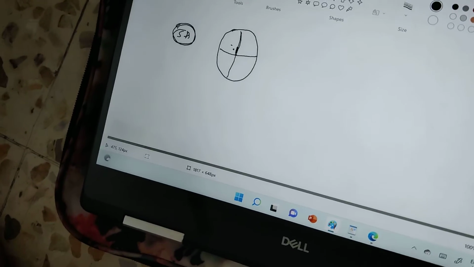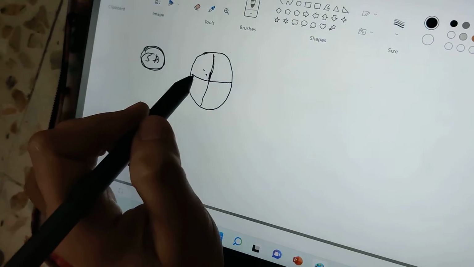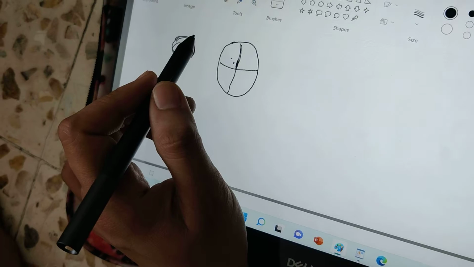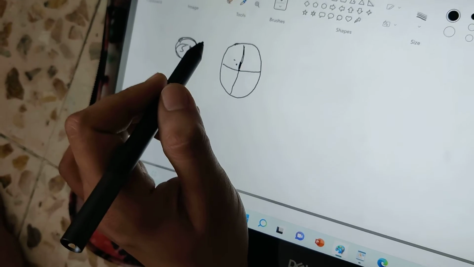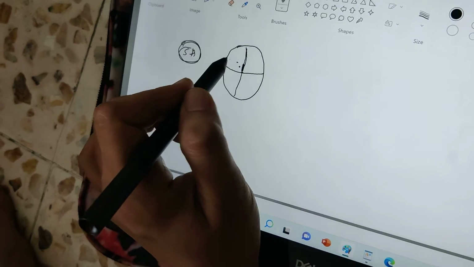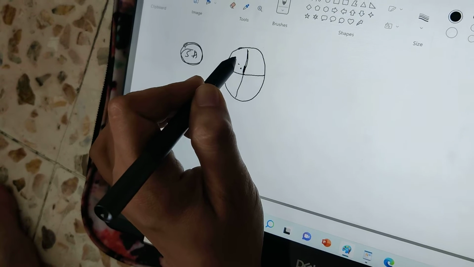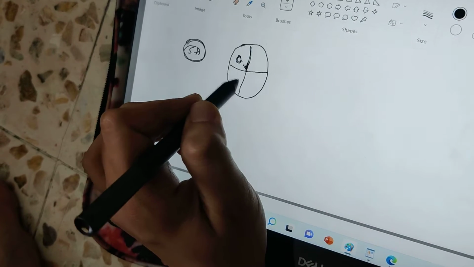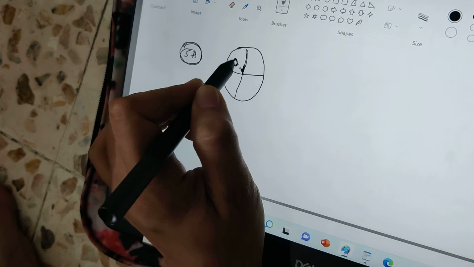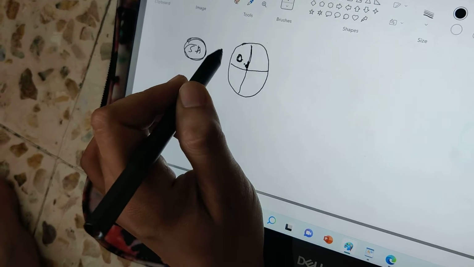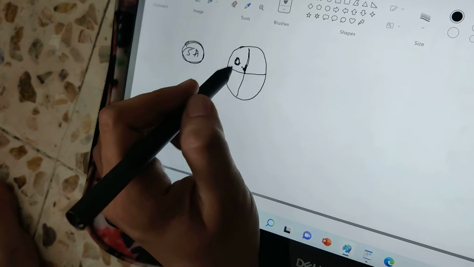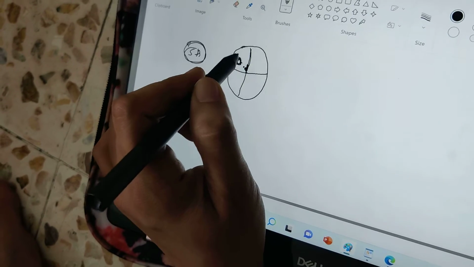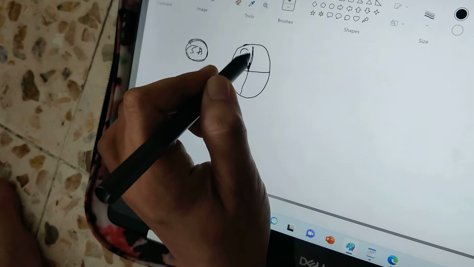The SA node is somewhere here and the AV node is here. So the cycle starts when the SA node initiates the atrial systole.